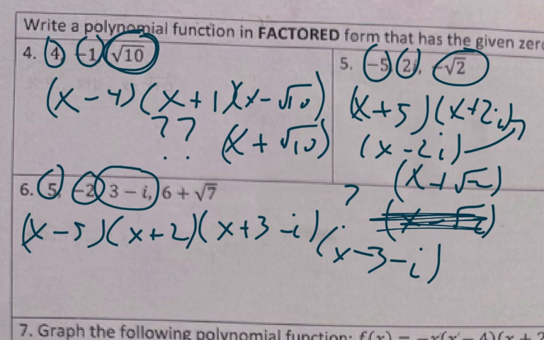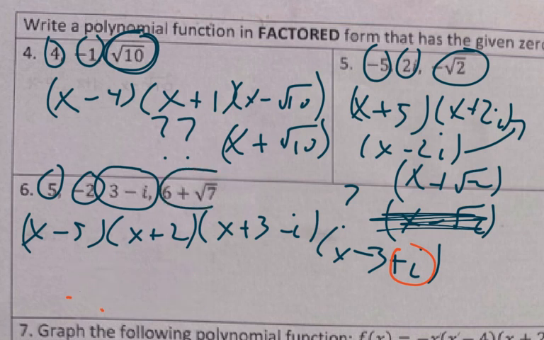Let's see here. If I distribute the minus, I think that becomes a plus though, right? I just want to make sure you understand that I'm going to do a plus 3 minus i, but I'm also going to do a minus 3 minus i, and the minus distributes to make that a plus i. So just in case you're wondering what I was thinking there.